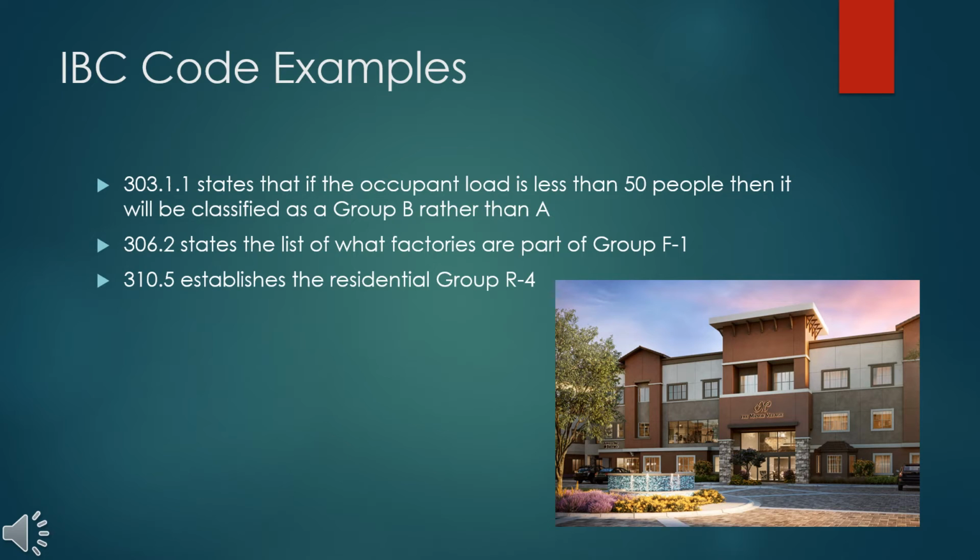Code 310.5, which is a part of the residential group, establishes the residential group R4, which are assisted living care facilities for an occupant load of 5 to 16 people, excluding the staff. Most of the codes tend to establish the building type to the respective group. However, there are also a lot of exceptions, like the first code I explained, which can tend to make things a little confusing at times.